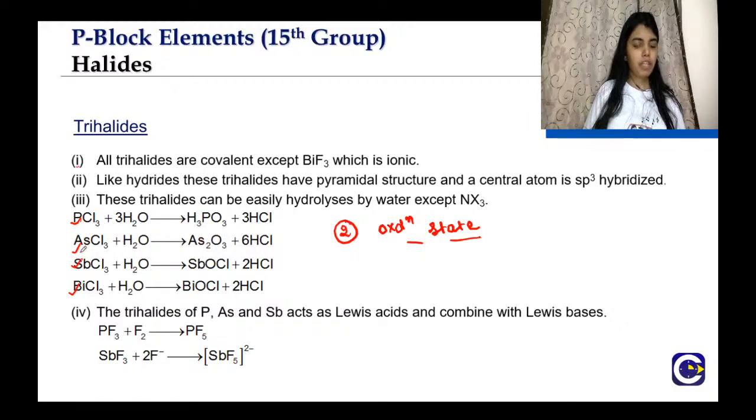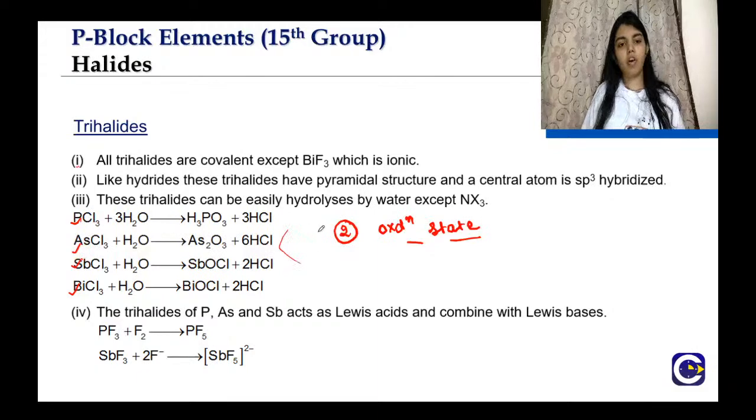You can comment down below and let me know. +3. Very good. So Sham, you have given the correct answer, that the oxidation state of phosphorus is +3 in PCl3, right?